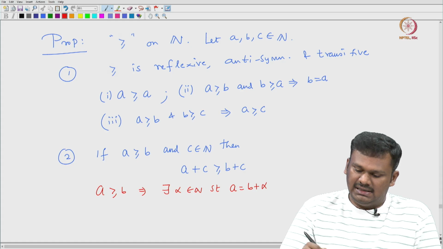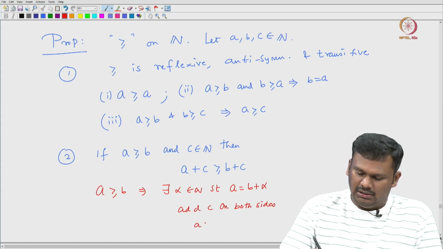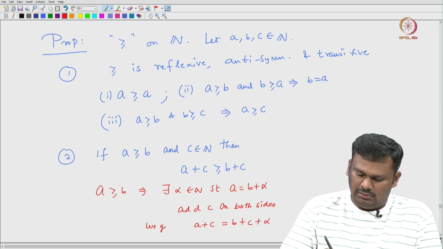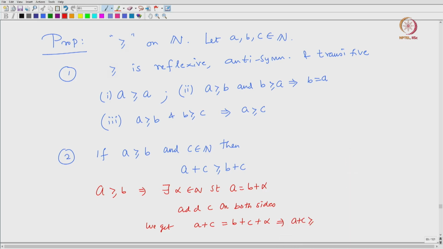Now, if we add c on both sides, then we get a plus c equals b plus c plus alpha. So, that implies that a plus c is greater than or equal to b plus c. Okay. So, like I said, the proofs are not very difficult. One can just write it down.